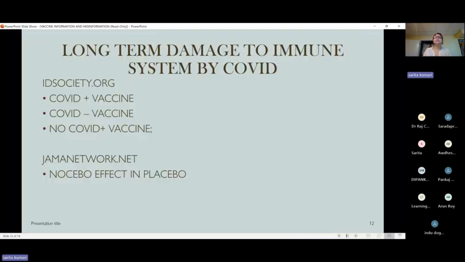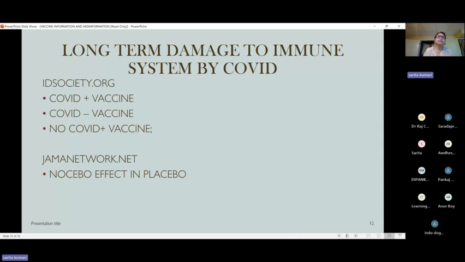Now, this is a very important slide. This was done at the Infectious Disease Society in the US, and they looked into three groups of patients. One group which had vaccine and COVID, another group who had COVID but no vaccine, and the third group who had no COVID but just the vaccine.